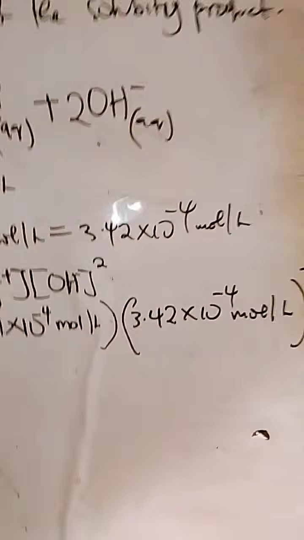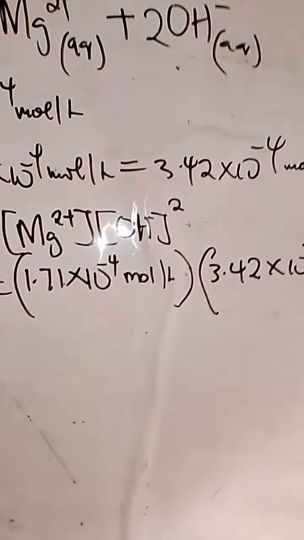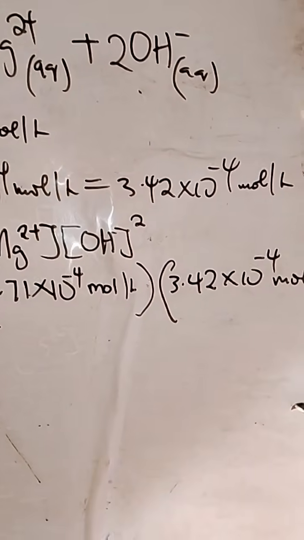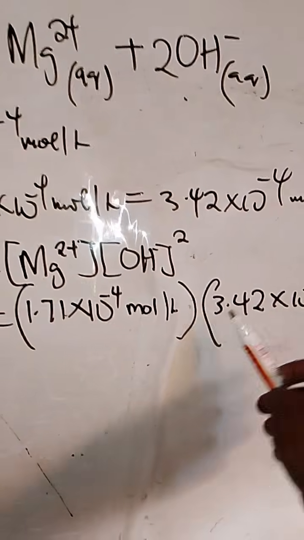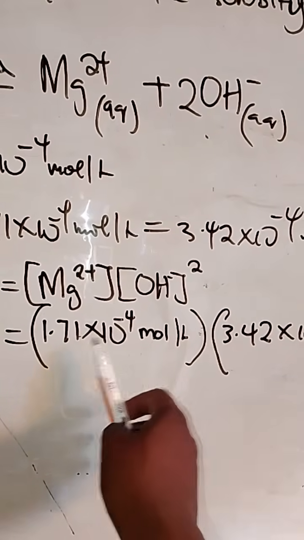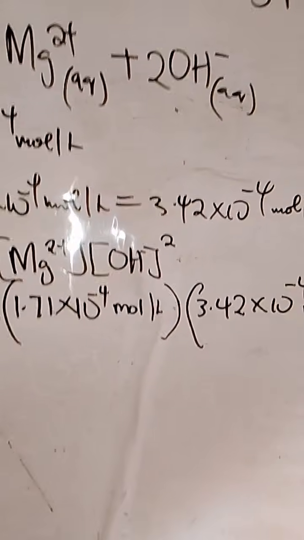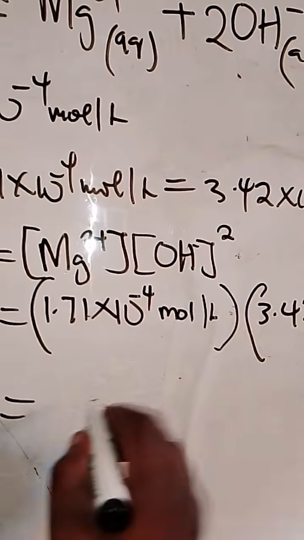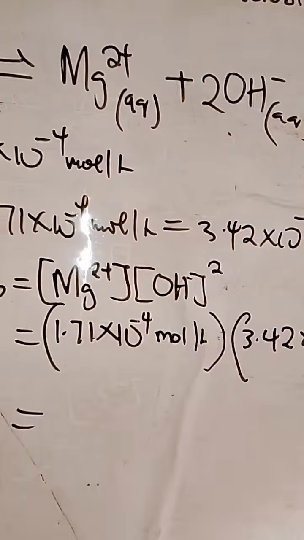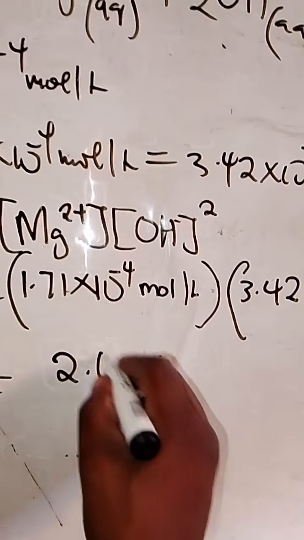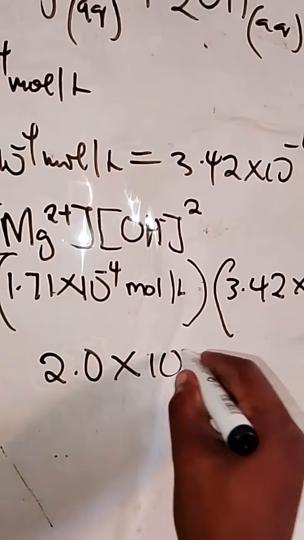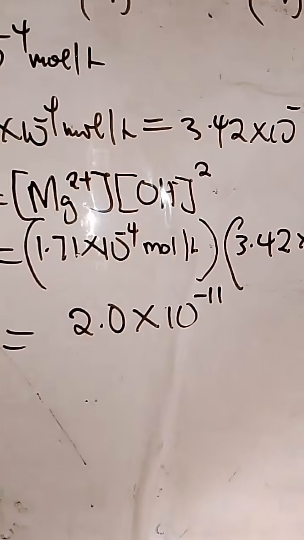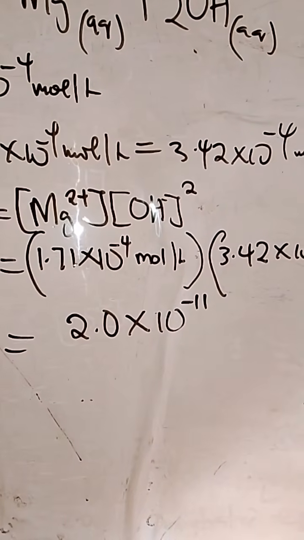Here we are considering the units. When you deal with the numbers first, we are going to find 2.0 times 10 to the power negative 11.